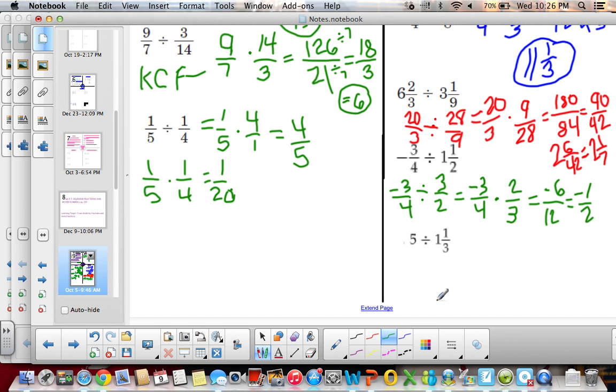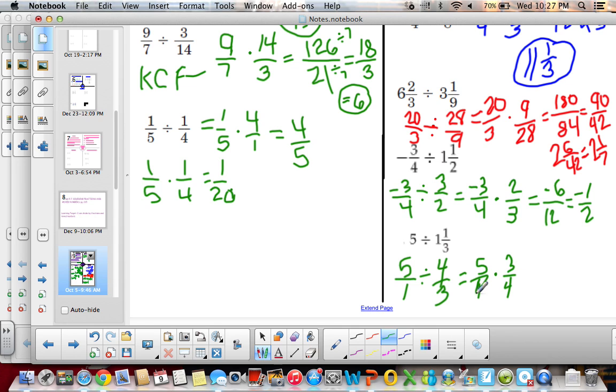And then 5 divided by 1 1/3, so I'm going to rewrite 5 as 5/1. And then I'm going to rewrite 1 1/3 as 3 times 1 is 3 plus 1, so 4/3. Now I can rewrite 5/1. Oops, that's a 1. Times 3/4.